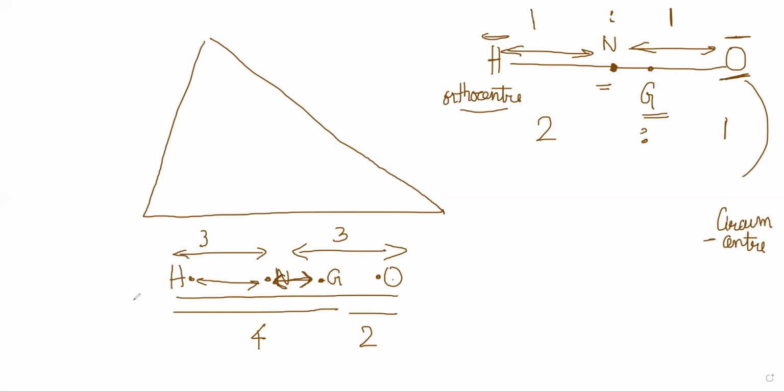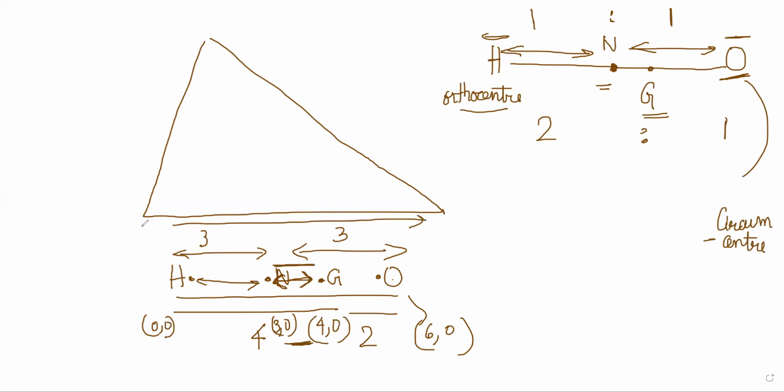Like if you put this at 0, N was at 3, G was at 4, and this was at 6, right? If the NG distance is given, that is 1 unit, then the overall is 6 times that. If you know the ratios, then many things will be clear.